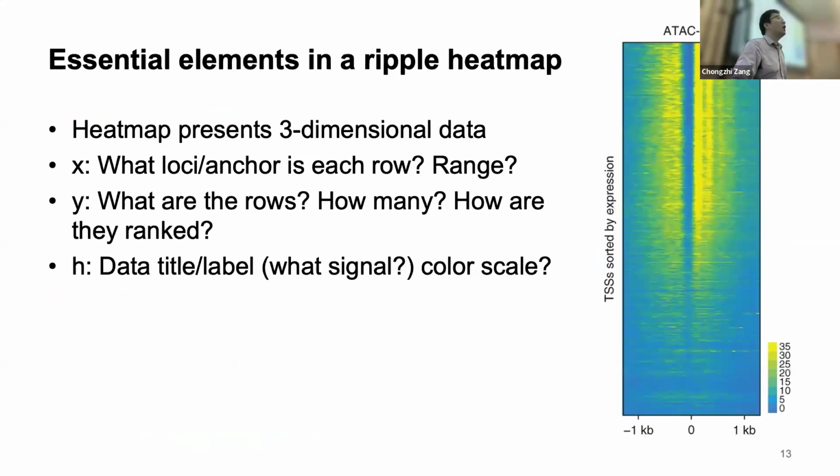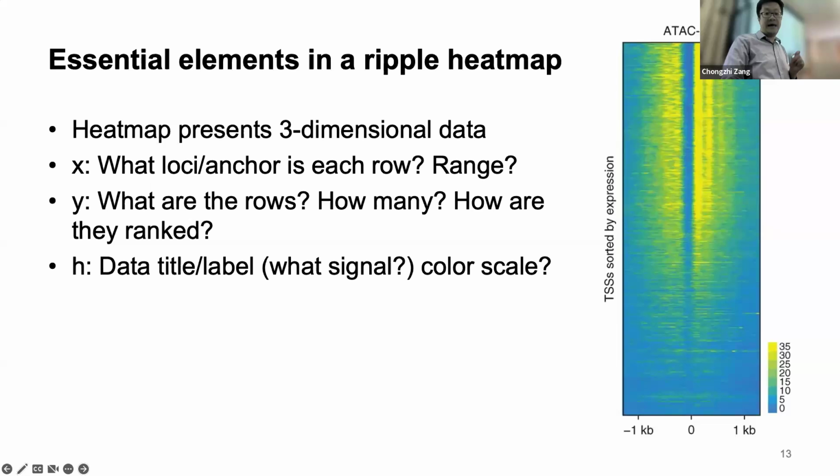So about this heat map. First, the heat map represents three-dimensional data: the x-axis, the y-axis, and the heat level, the color density. Whenever we see a heat map, we want to understand what these three dimensions are and what each means. The x-axis tells what location each row covers, and these locations have to be lined up with some anchor.